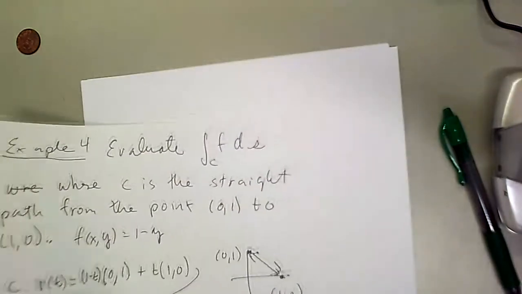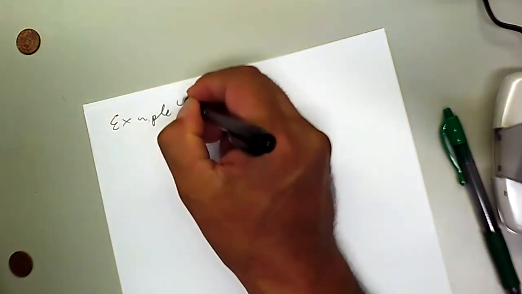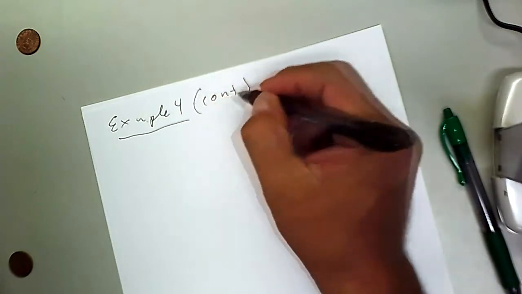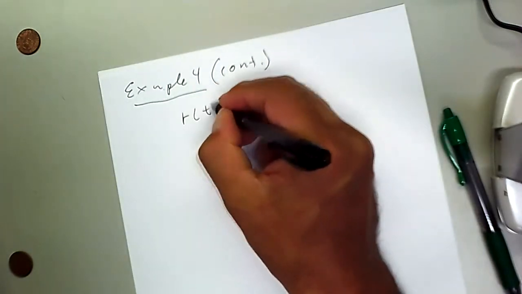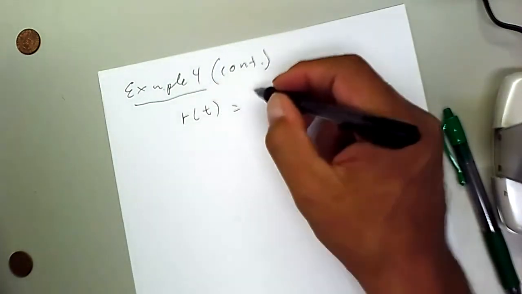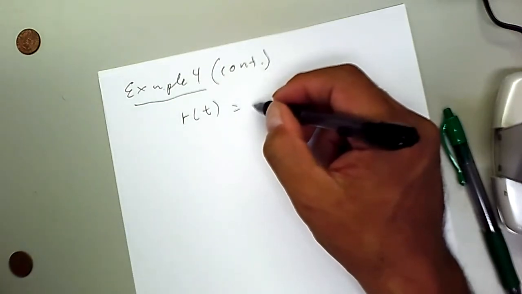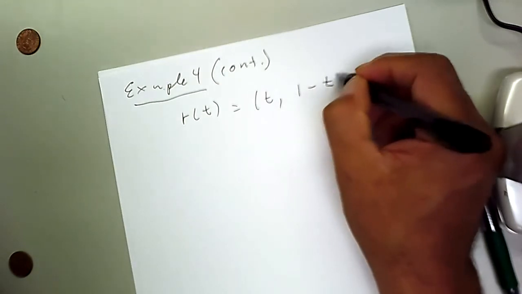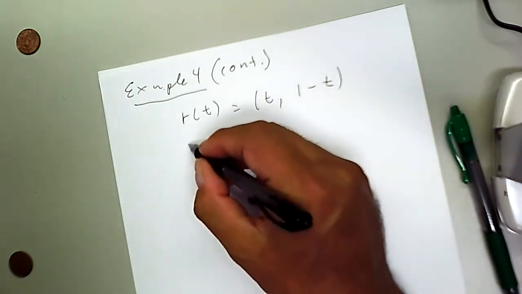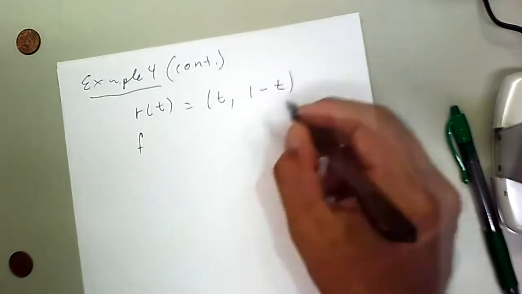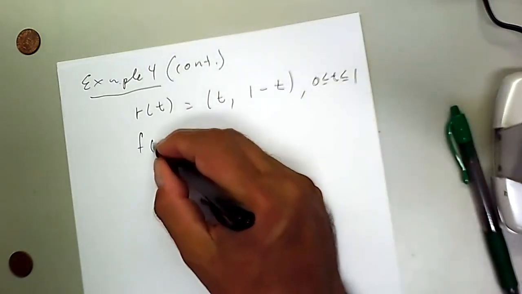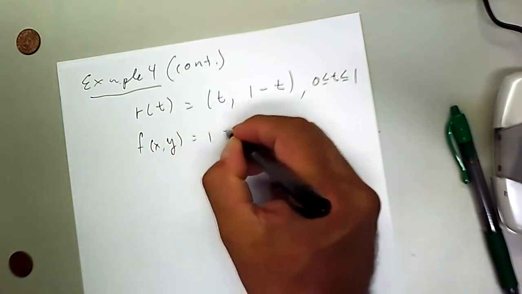So we are continuing with example 4. r of t is, from the previous page, t, 1 minus t. And as t goes from 0 to 1, f of x, y equals 1 minus y.